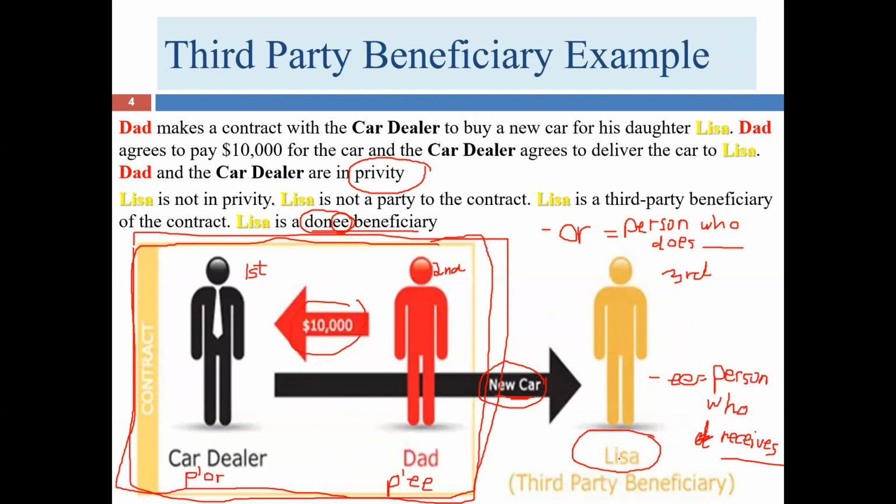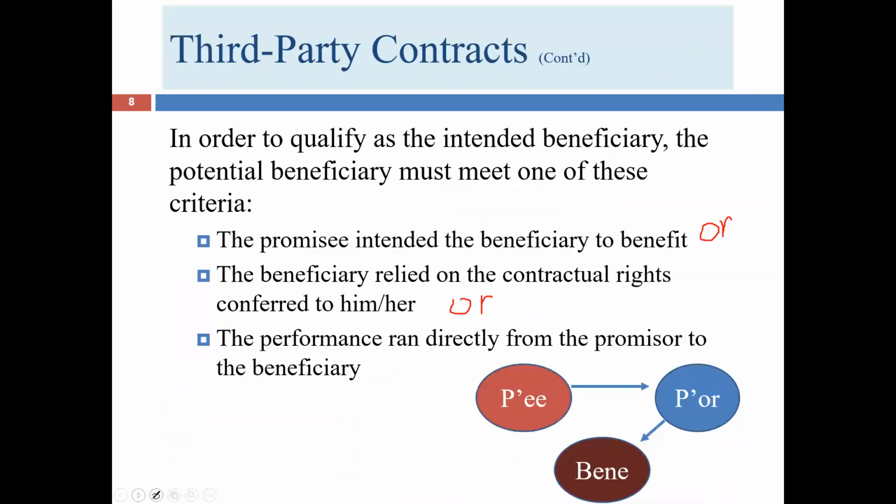Well, maybe she says, I know I'm getting this car from the car dealer because Daddy's going to sign on the dotted line, and so I can go ahead and sell my clunker. And so she might sell the car as a result of the fact that she's going to get this other car. And so she relied upon the fact that she was going to be able to get that car. So that would be an example of reliance. It's got to be a reasonable reliance, but that could be a scenario where Lisa relied.